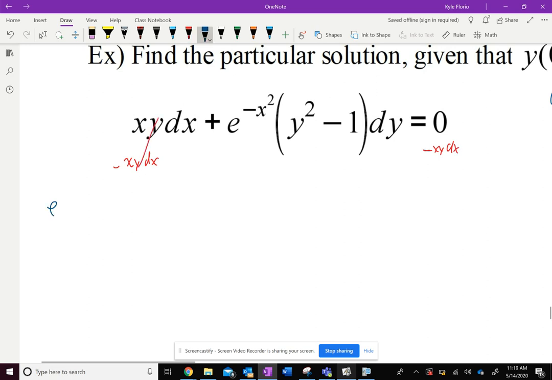And right here we have e to the negative x squared times y squared minus 1 dy equals negative xy dx.